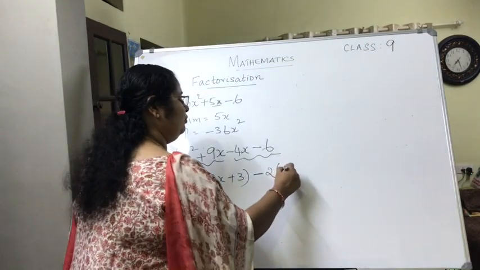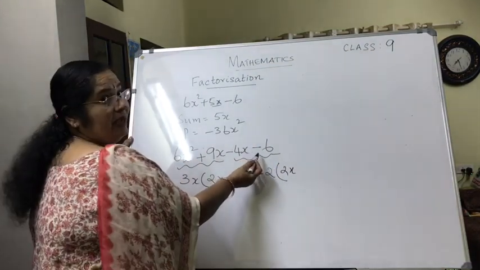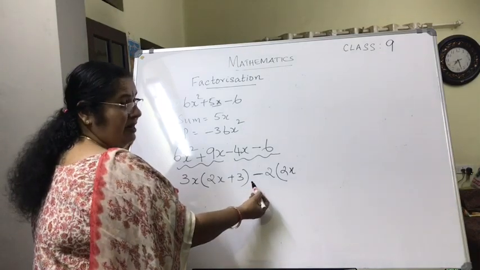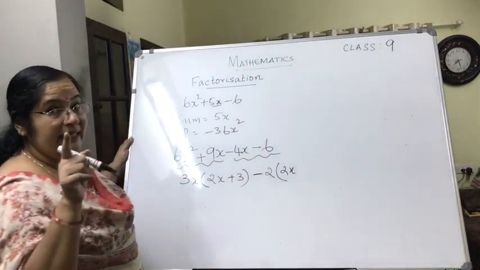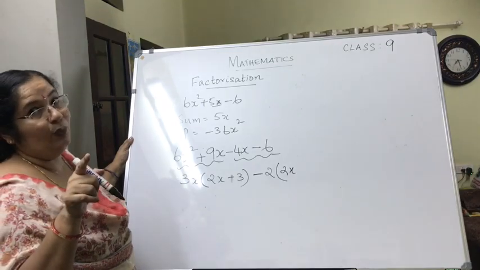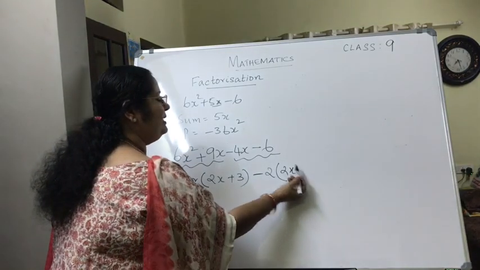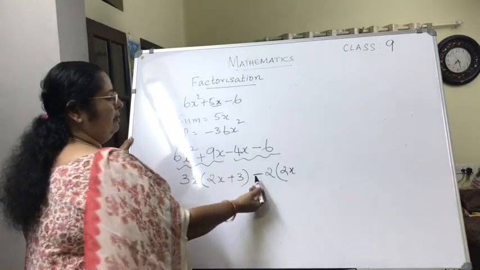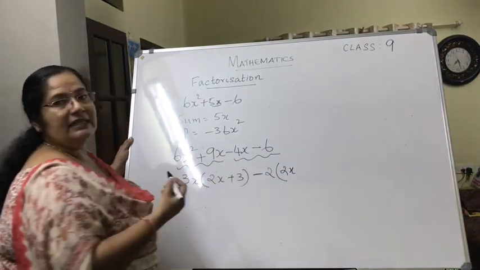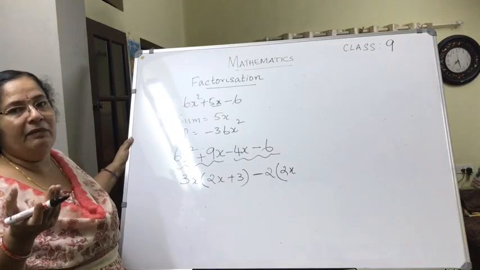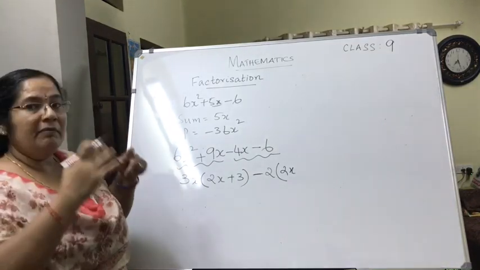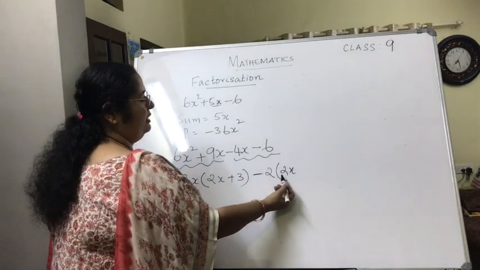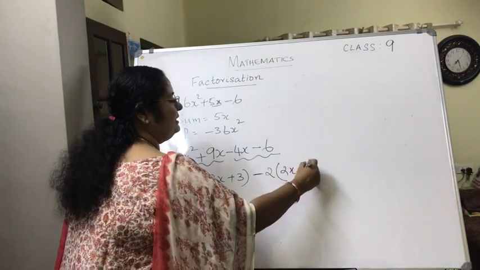So this will be 2x. Here it is minus. Since I have taken the minus out as common, inside the bracket it will be plus. Why? Because minus into plus will give you a minus when you open the bracket. Here also same thing, minus into plus will give you a minus. So when opening the bracket, the sign will be changing. Same way when you are putting in the bracket also, the sign is changing. So I have taken the minus 2 out. So this will be 2x plus 3.